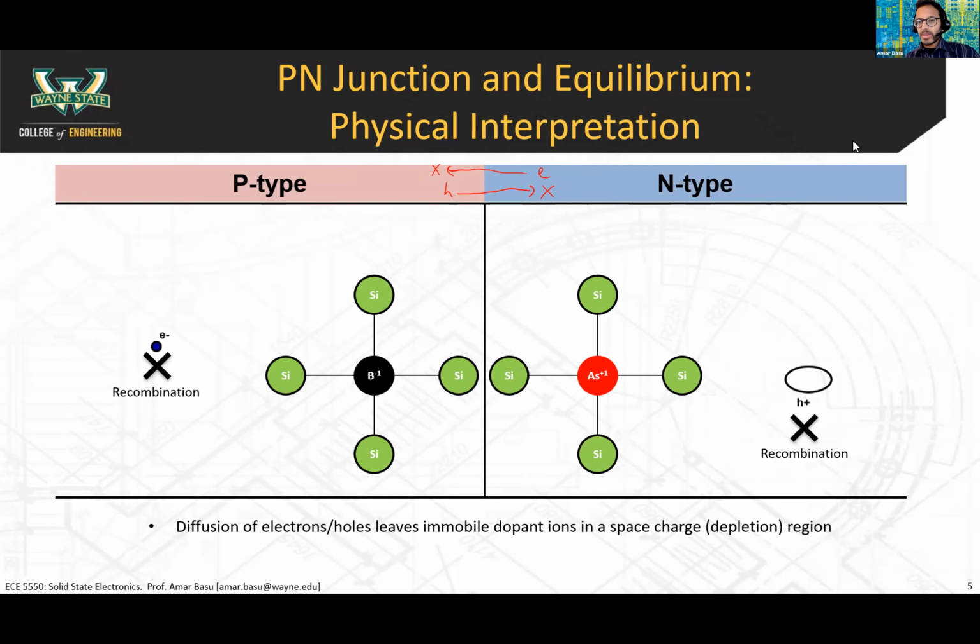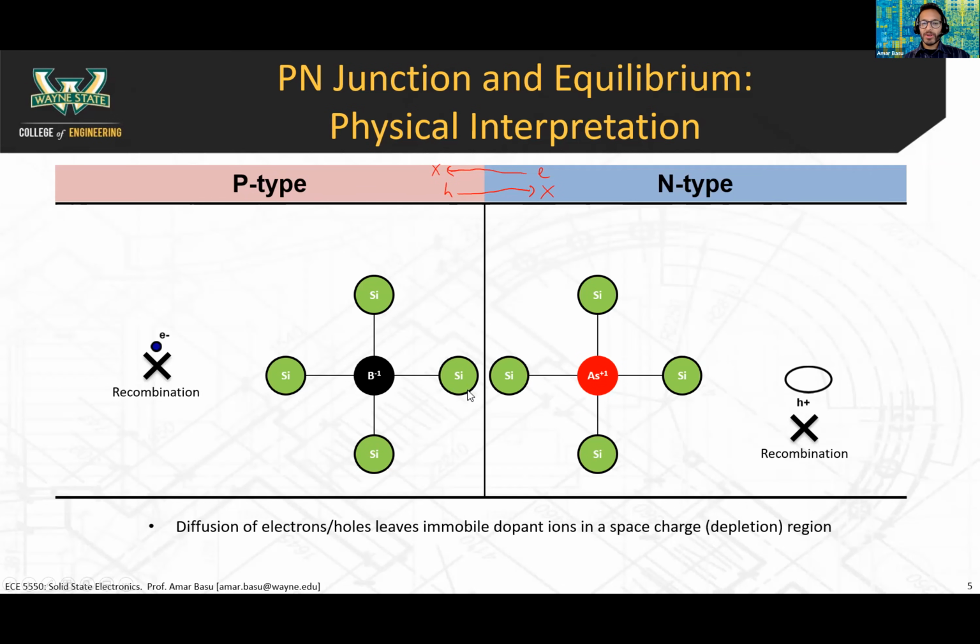All right, good. At this point, something interesting happens. Notice that we have an effective positive charge here and an effective negative charge here.